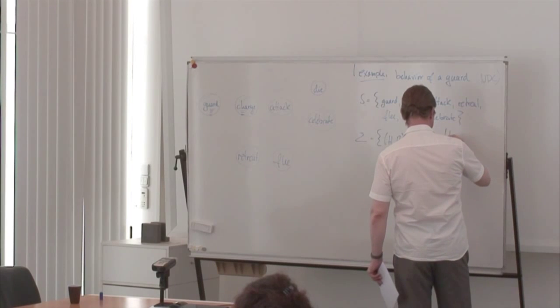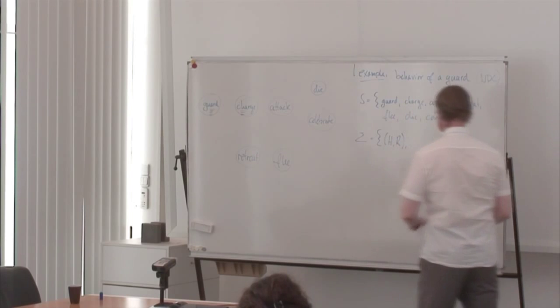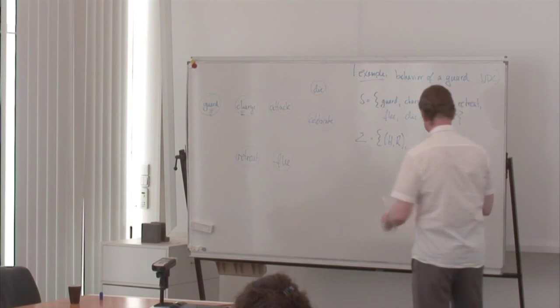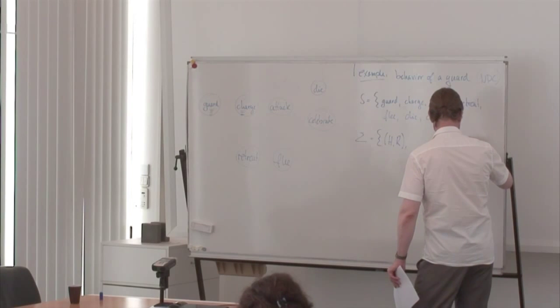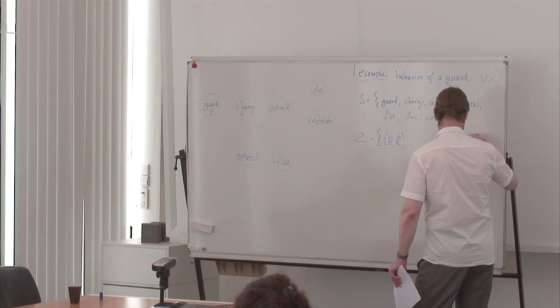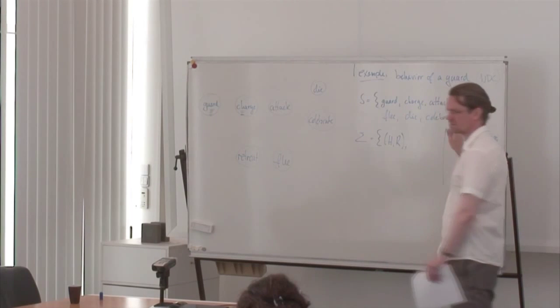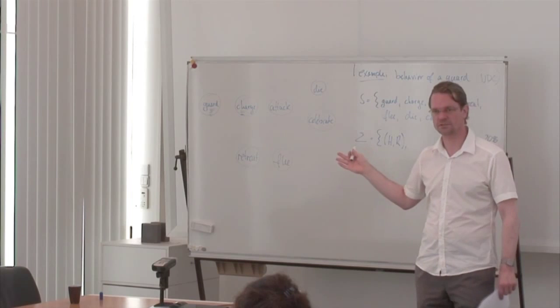So I am using H to indicate a measurement of an attribute of the guard, namely that the health value is larger than 20%, whatever, this is just a contrived example, right?